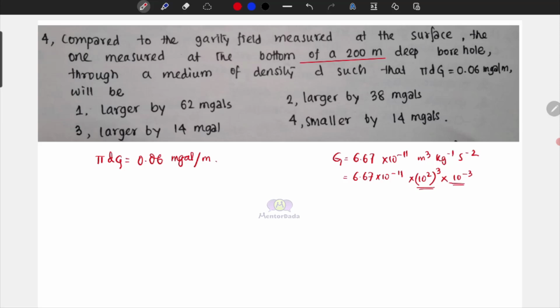Okay, so it will come in centimeter cube gram inverse second to the power minus 2. So that will be the value of G.